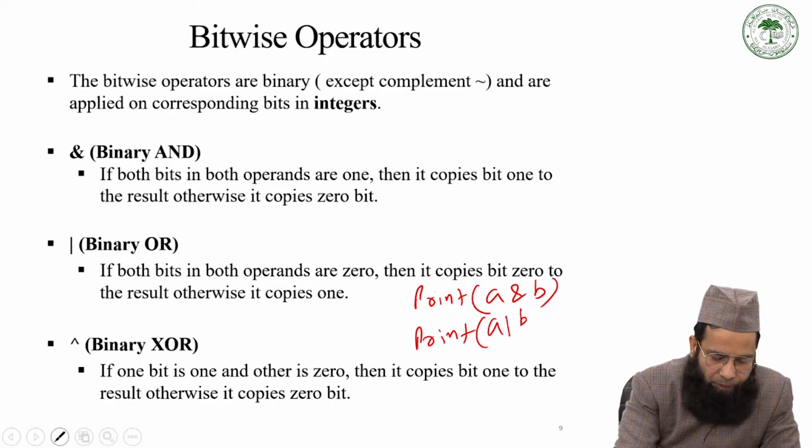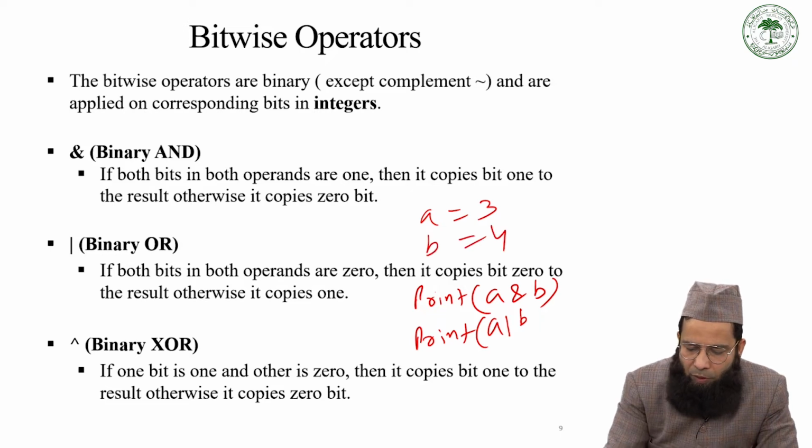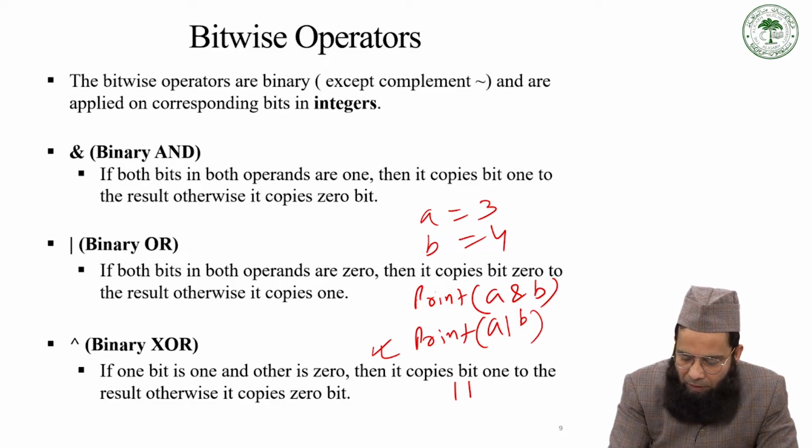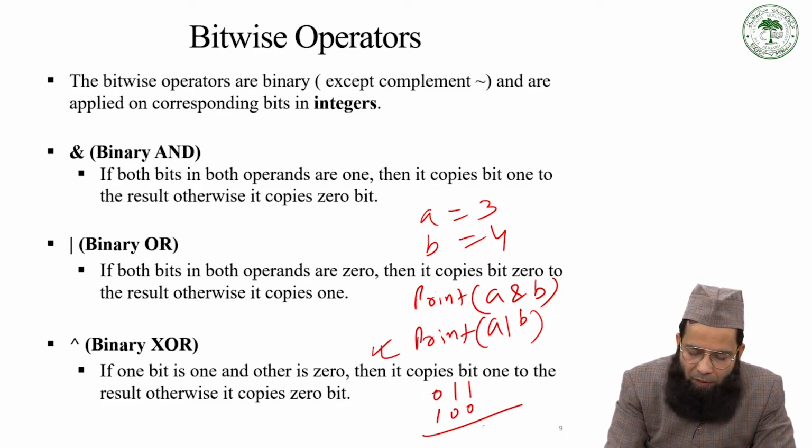And yes, A is equal to 3. Let's say B is equal to 4. What would be the value of this print? A is 3, which is 1 1, and B is 4, which is 1 0 0. If I am performing OR, then if any bit is 1 in either of the operands, the result would be 1, otherwise it is 0. So 1 1 1, which is 7 actually in this case.